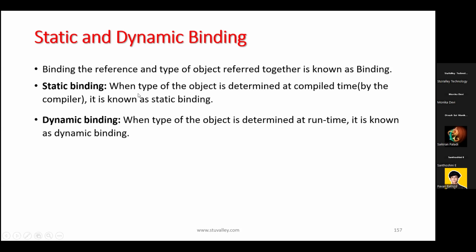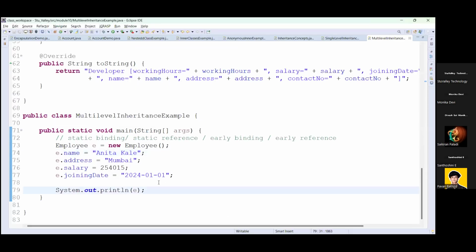Static binding is when the type of object is determined at compile time by the compiler. It is known as static binding. We are going to see this dynamic binding concept, which is determined at runtime. It is known as dynamic binding. So that part we will see later. Till here, does anyone have any doubt? So this is basic, clear.